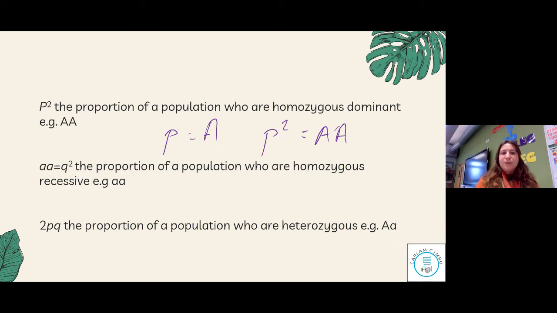We're looking at the recessive. So we need to look at the allele, which would be Q equals a, but we need to look at the genotype. And the 2PQ is 2 times P times Q, meaning that we look at the recessive and dominant in heterozygous genotypes.